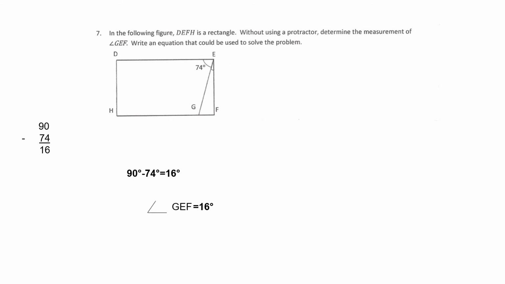So we know that this whole is 90 degrees. So we know 90 degrees minus that 74 degrees will give us 16 degrees because 90 minus 74 is 16. So angle GEF equals 16 degrees. And I believe that is our last problem.